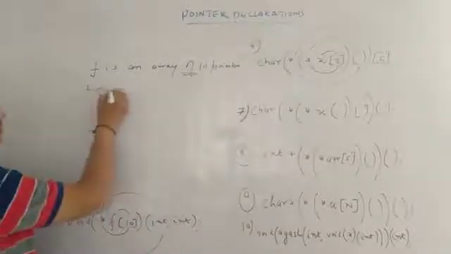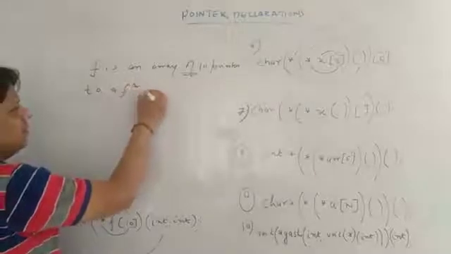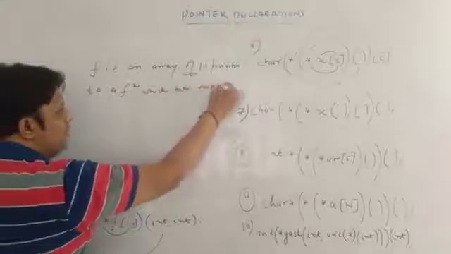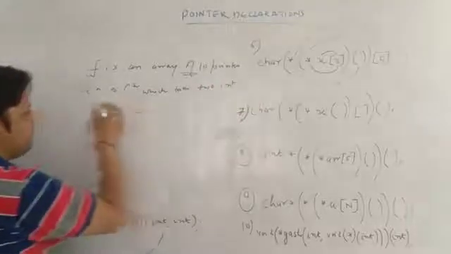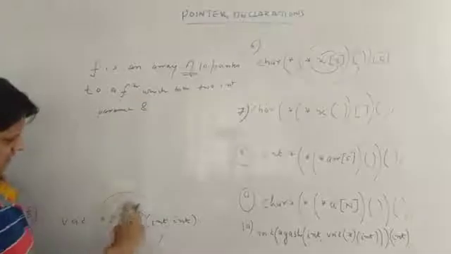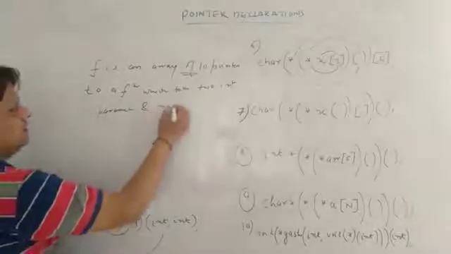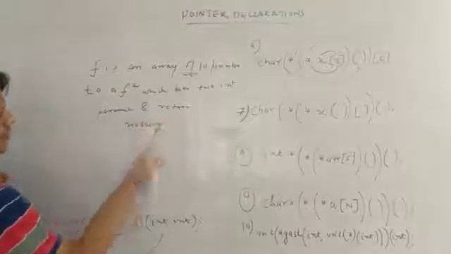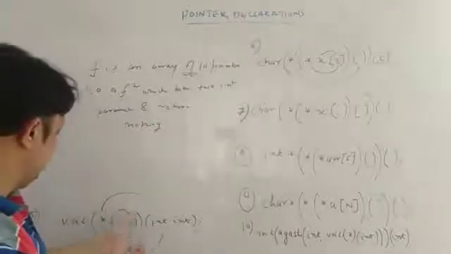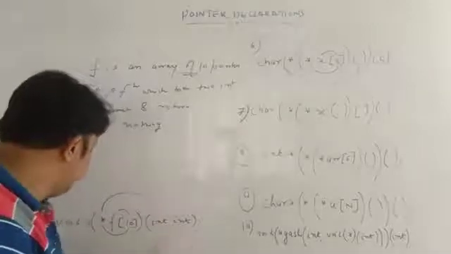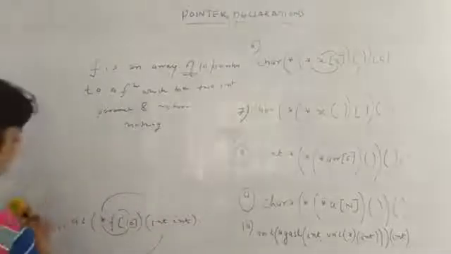To a function which takes two int parameters and returns nothing. Void means nothing, or you can even write returns void. So f is an array of 10 pointers to a function which takes two int parameters and returns nothing.